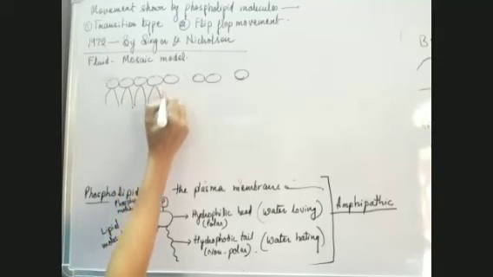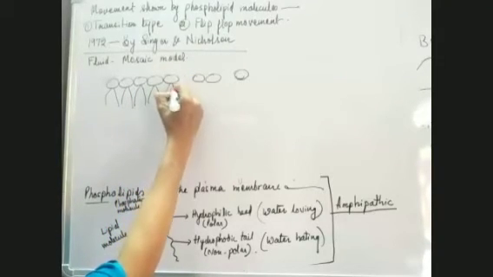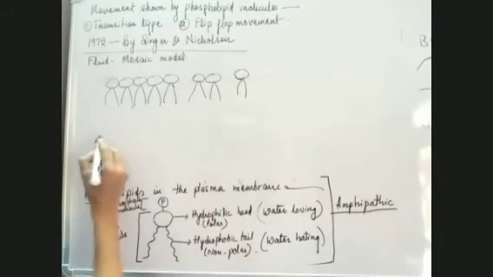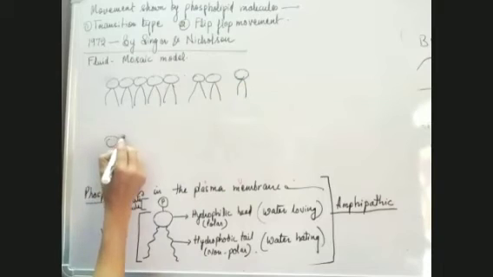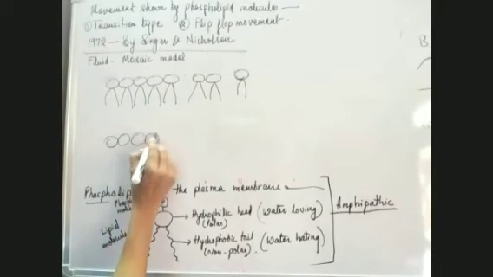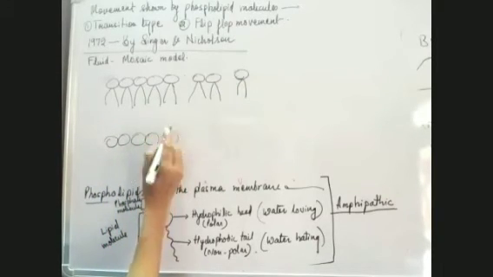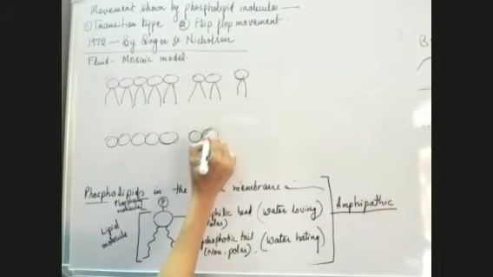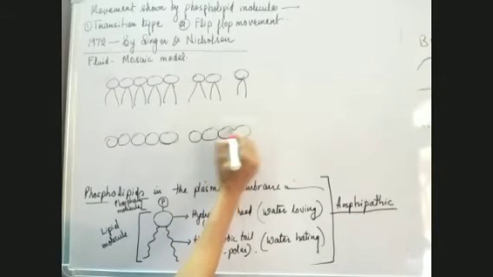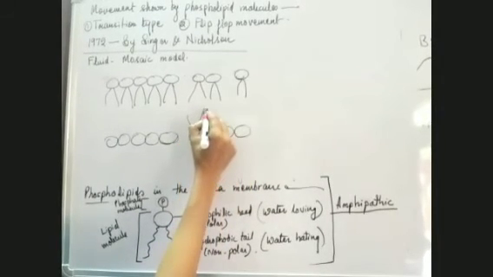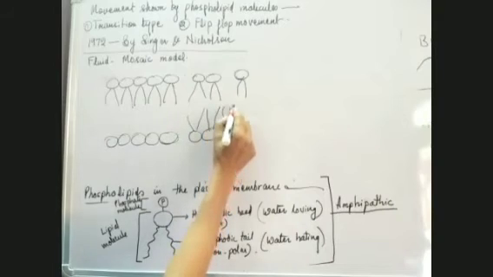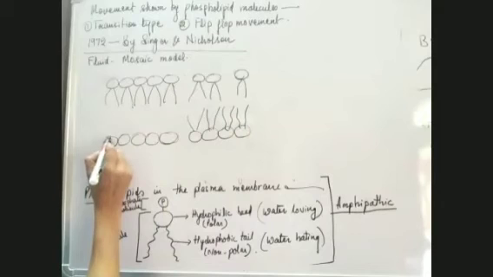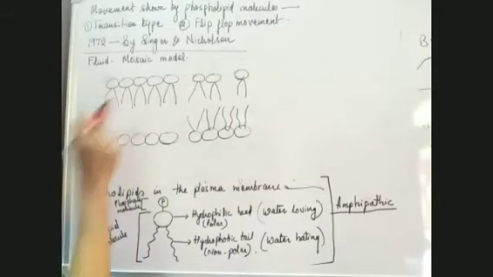Here, this is one phospholipid bilayer. I have left some space here so that I can make protein molecules. One layer is this, one layer is this.